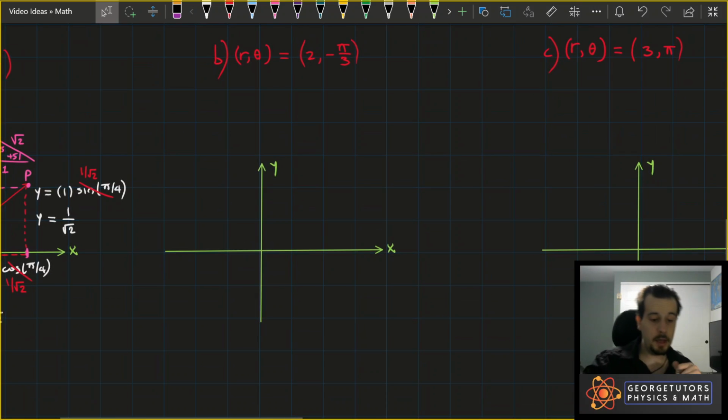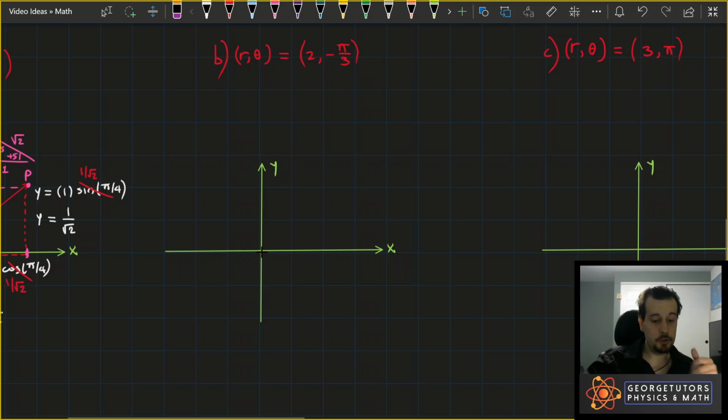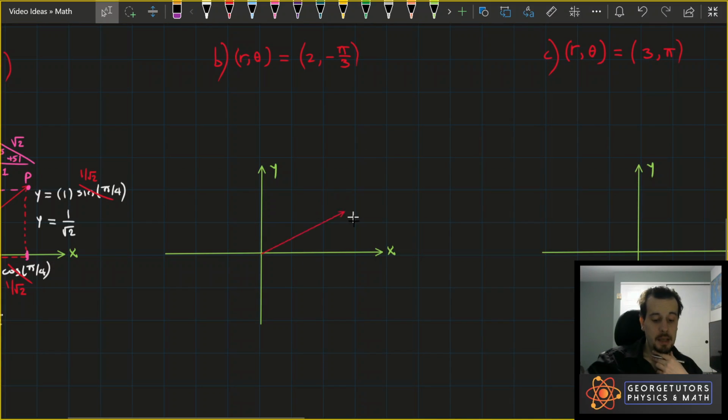So we can do the other example over here. Let's see what we get from that. We are told the size of the r vector, it is 2, but we're given the angle as a negative representation. So what's up with that? Well, in polar coordinates, positive angle is measured counterclockwise, this direction, and negative angle would be exactly the opposite.